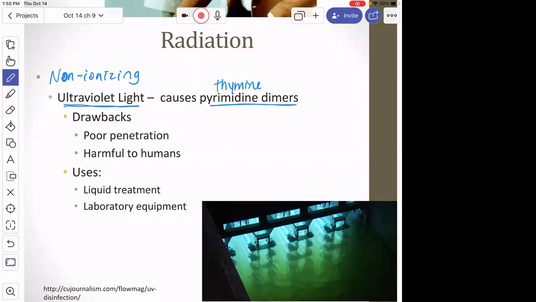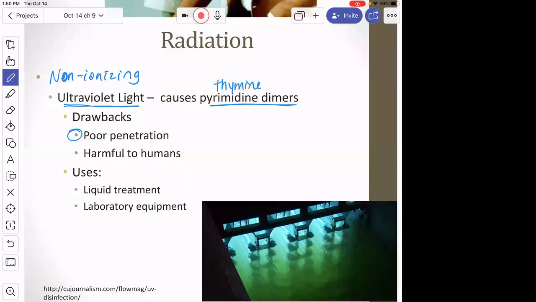You talked about using UV light this week in lab as well, so it should be a familiar topic. UV light doesn't penetrate very well, so it doesn't penetrate through solids at all. Through liquids a little bit, through the air really well, but you have to be close enough to the lamp for that to work.